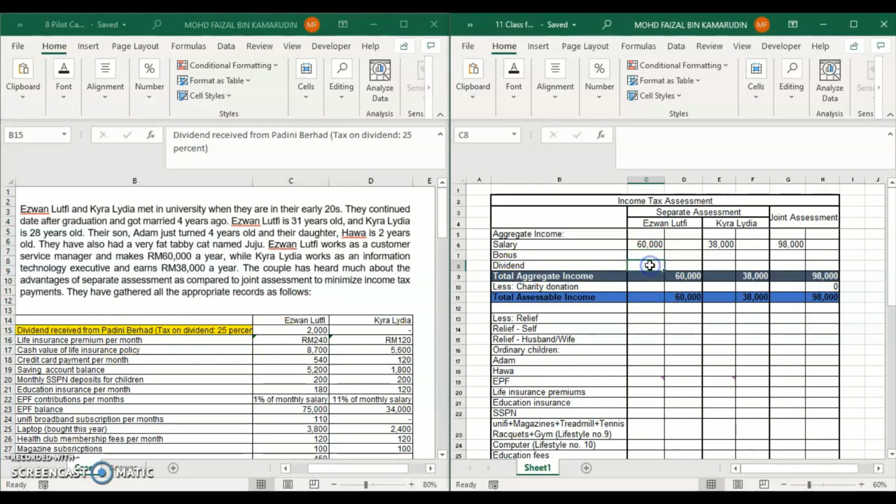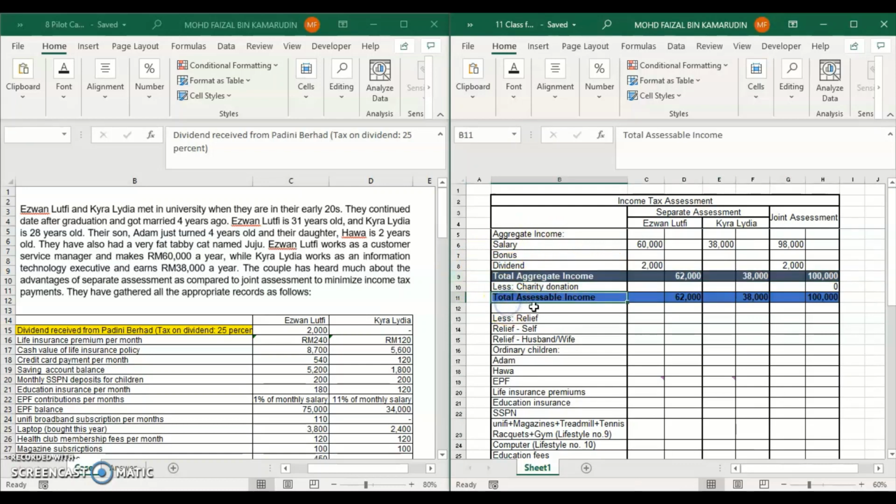If you invest in the stock market and get dividend, it is taxable. If you receive it from mutual fund, unit trust, or Tabung Haji, it is not taxable. So for joint, yes, we put another 2,000. Now we have settled the first item, which is total aggregate income.